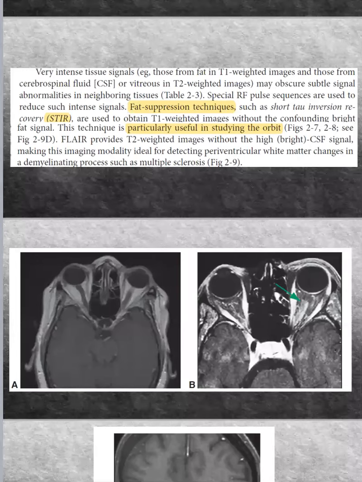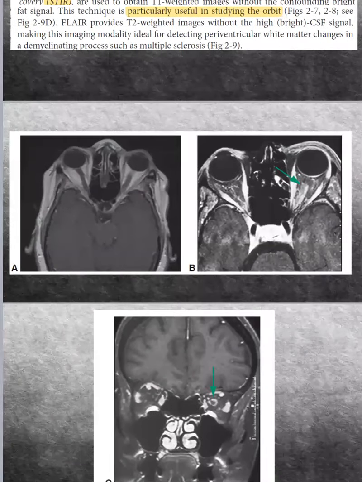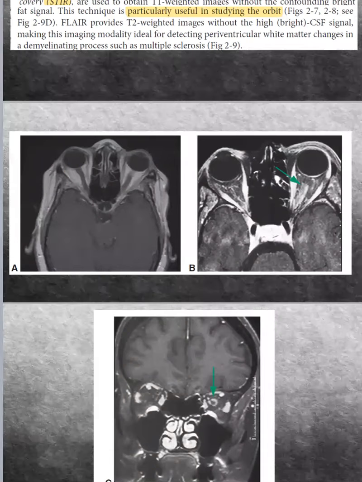I may have some fat suppression techniques, and this is extremely important. Suppose that A and B are the same person. Here in A you may say it is normal, with no abnormality detected. But if you have fat suppression, here is the fat in T1 weighted MR. If you do fat suppression, you can find this.